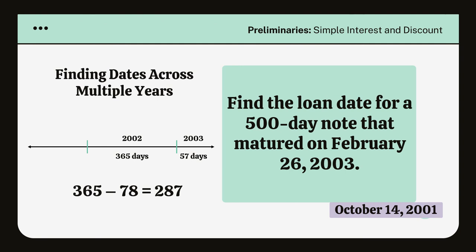Meaning, we're gonna look for the 287th day. So, in that 2001, 78 days lang ang lumipas, pero 78 days mula sa 365th day or the December. So, we're just really gonna look for the 287th day. And when we look for the 287th day based on our calendar, we will see that it will fall on October 14, 2001.